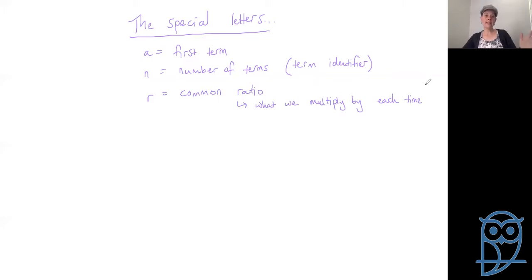So it's exactly the same as with the APs. We're going to be focusing on this concept of we want to work with a specific term. We want to work with a sum of a set of specific terms. Okay, so we still have formulas for those specific terms and sums.